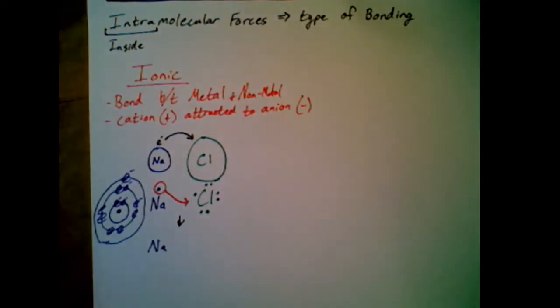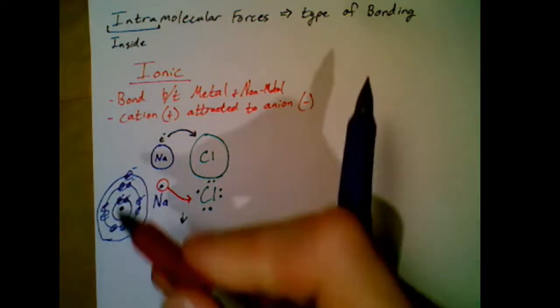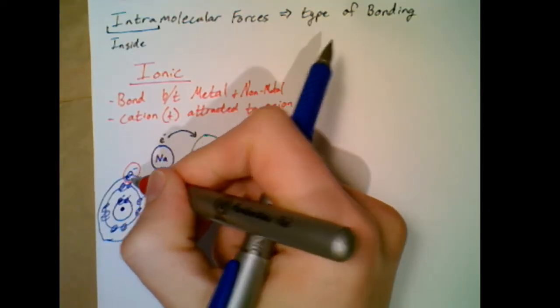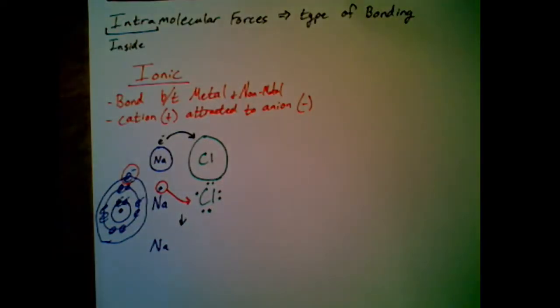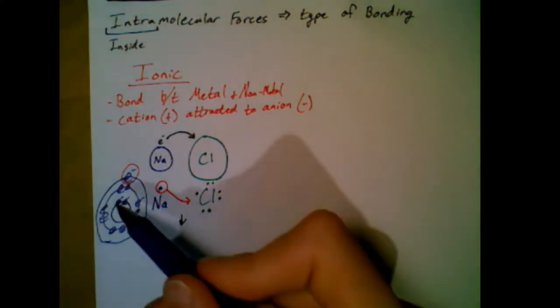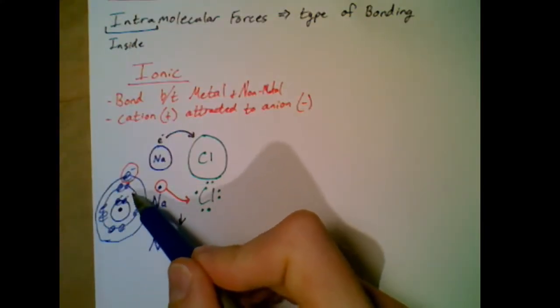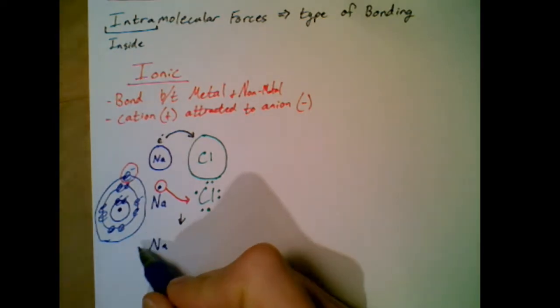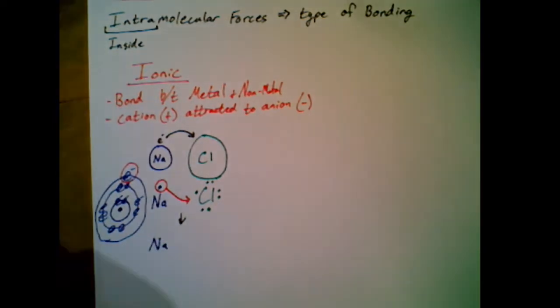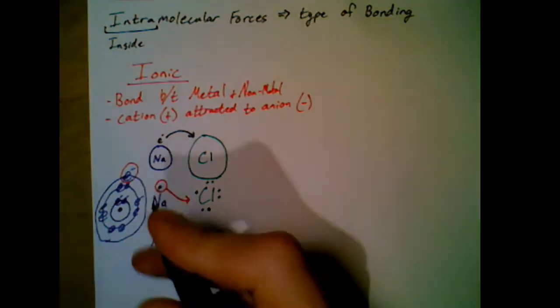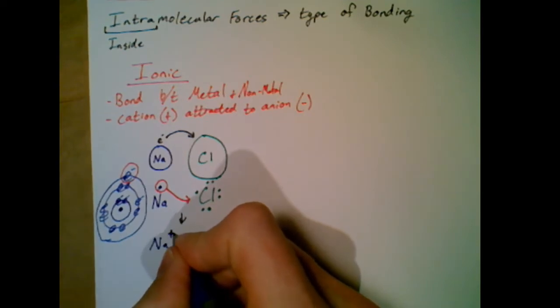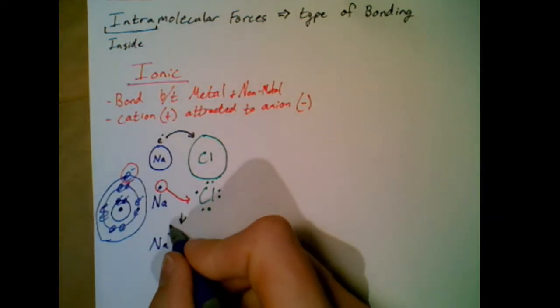This is the one up here that's going away, this valence electron. So that's the one that's disappearing. Now you just have this full second valence shell, so I'm not going to draw any valence electrons. What you have instead is something that's lost one electron and now become positive.